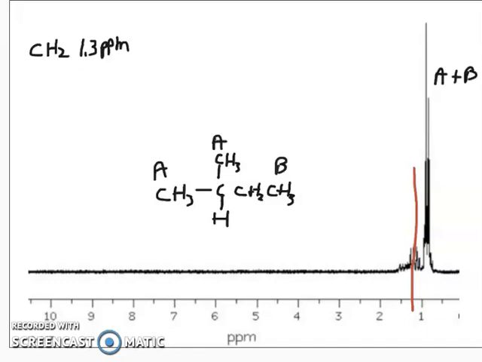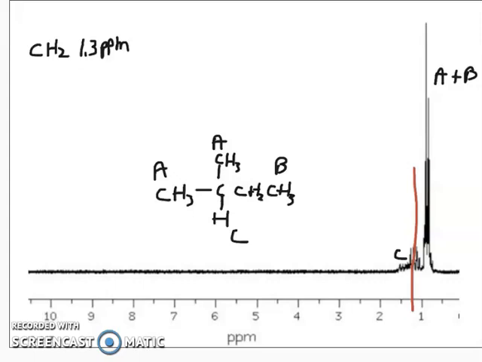First, if we look at our 3 methyl groups, 2 of them are equivalent to one another, and the third is not. All of them, both the two equivalent ones and the one non-equivalent one, show up at about the same position, at about 0.9 ppm.